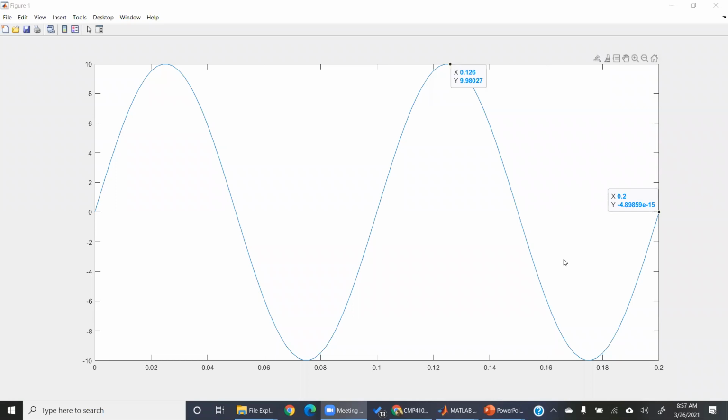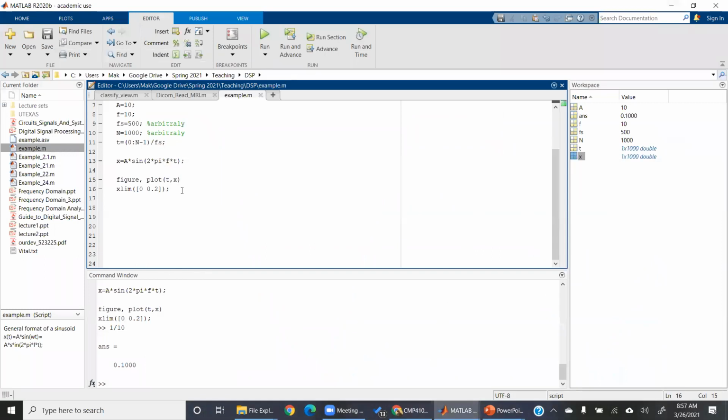Yes, my question is, what we are essentially plotting is a sampled signal. So is there some way that you can display the original signal so that you could compare and see what you're actually outputting at the end of the sampling process? Let me see if I get your question correctly. What we're plotting here is a digital reconstruction of a signal.